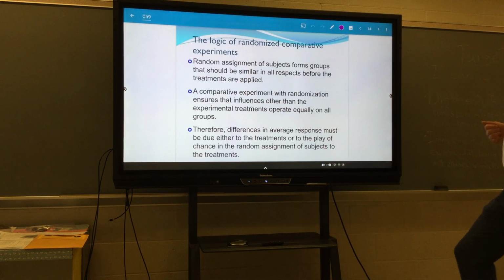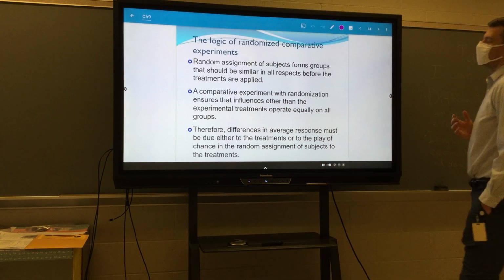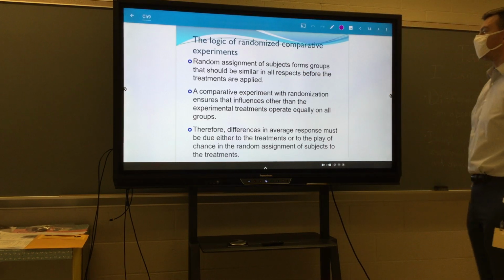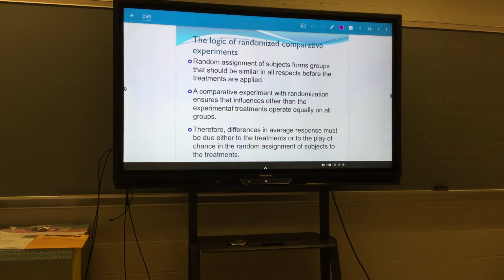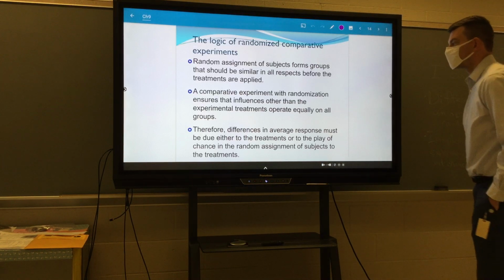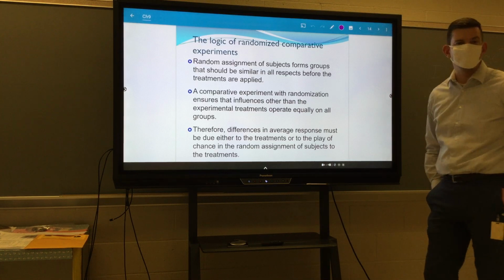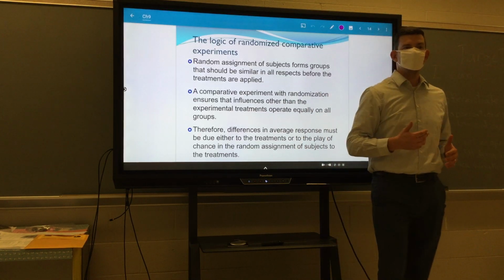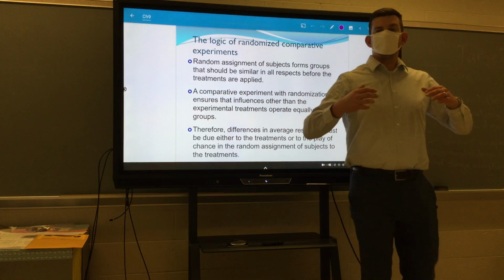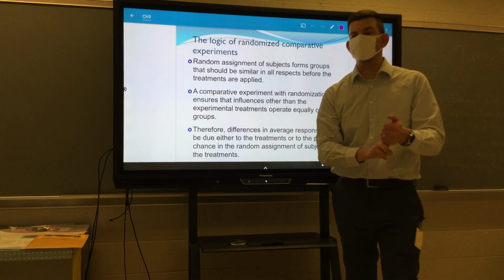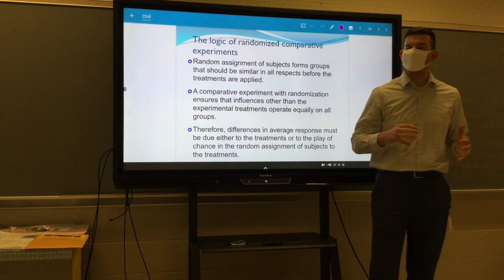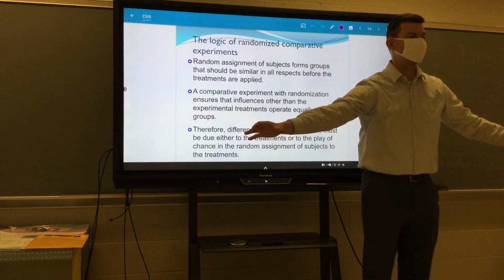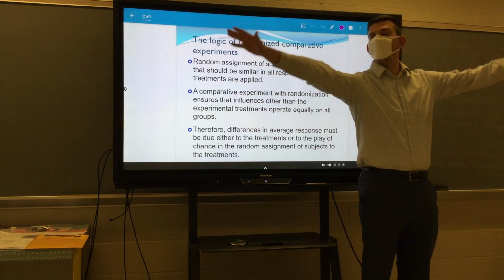Now, the logic of these randomized comparative experiments is that random assignment of subjects forms groups that should be similar in all respects before the treatments are applied. Going back to the diet example, some lurking variables like exercise and lifestyle, good exercise habits, bad exercise habits, you should have some of both in each group.